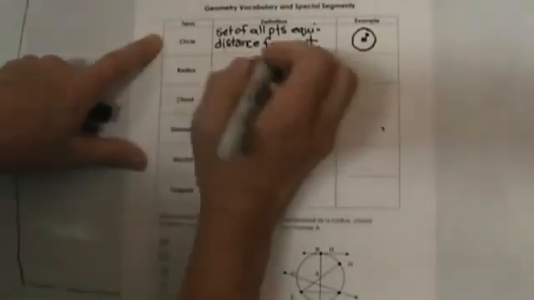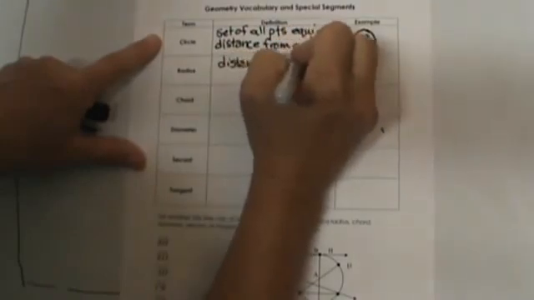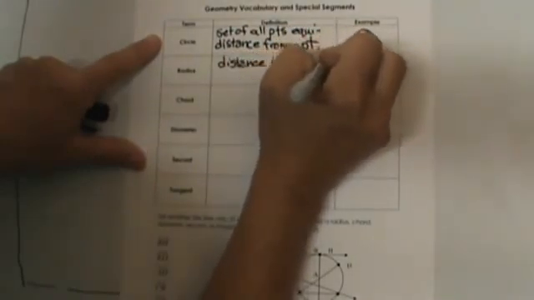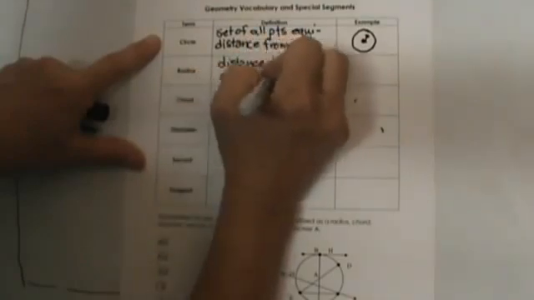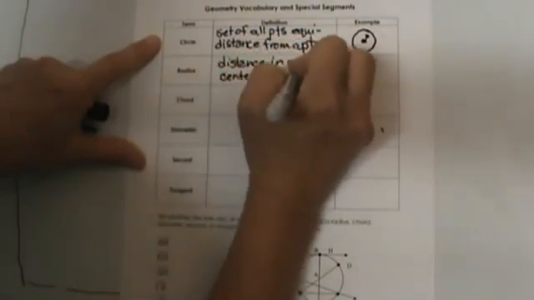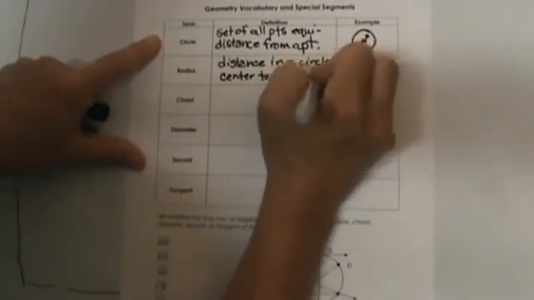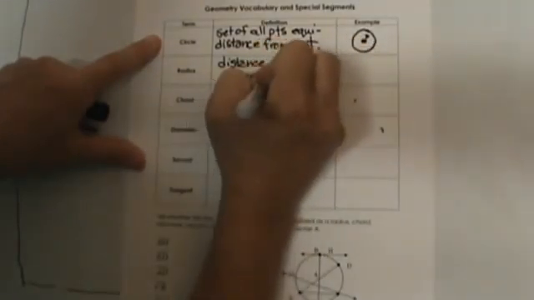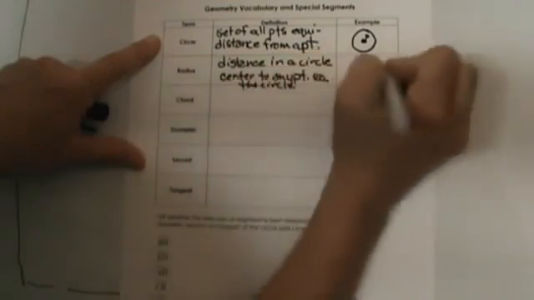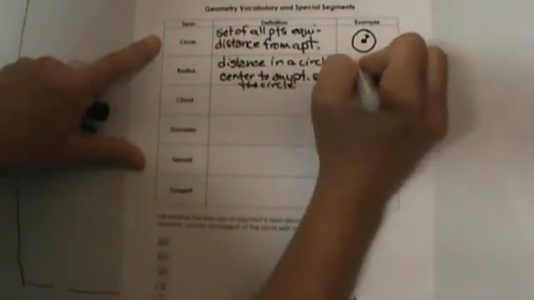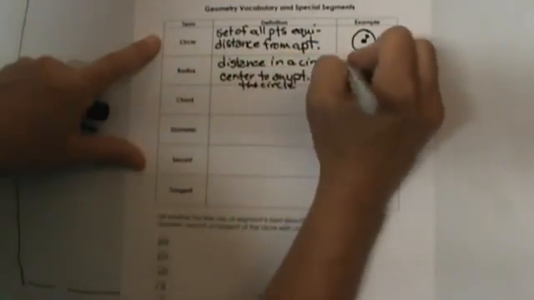Okay, radius. What is a radius? A radius is the distance in a circle from the center to any point on the circle.